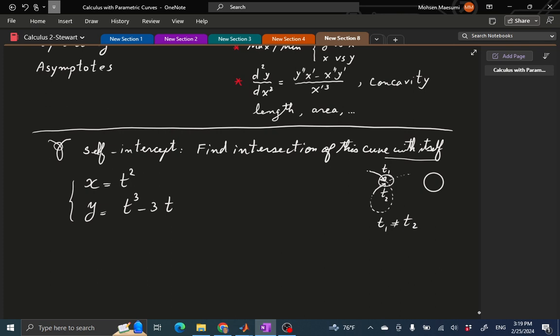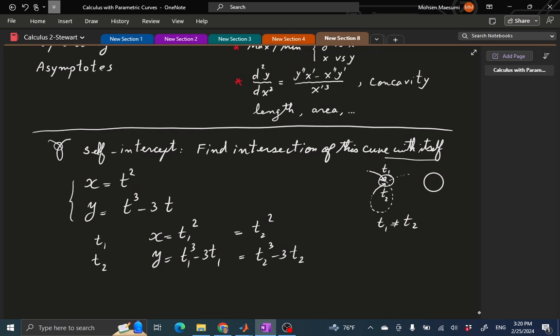That means at some T1 we have some location which is x = T1 squared, and y is T1 cubed minus 3T1. And at time T2 we have the exact same coordinates. So this is the same as T2 squared, and this is the same as T2 cubed minus 3T2.